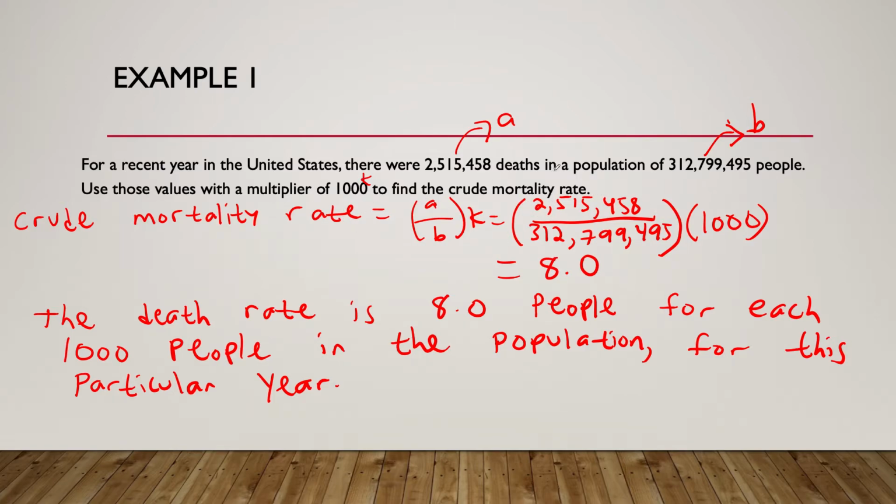So 2,515,458 divided by 312,799,495 times 1,000. This calculation, when you toss it into a calculator, gives about an answer of 8.0. So the death rate is about 8 people for each 1,000 people in the population for this particular year.